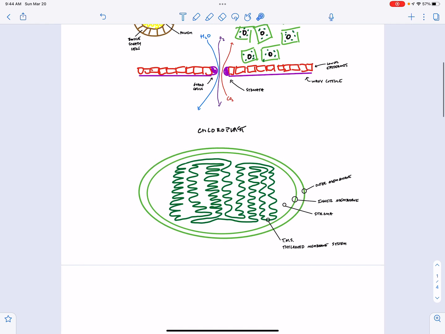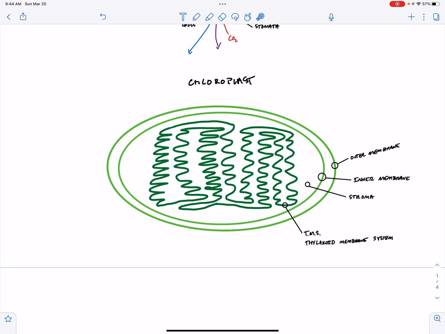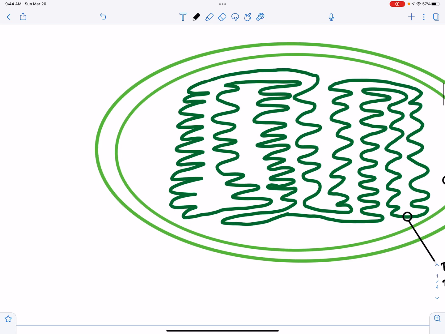Okay, enough of that. So let's dive into talking about the structure of the thylakoid membrane system. This membrane is one continuous membrane. If you trace it around, you'd find eventually you'd get all the way back to the beginning.